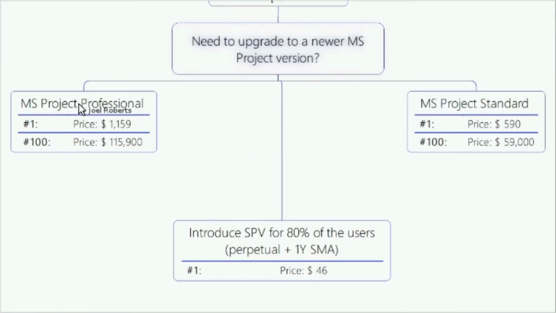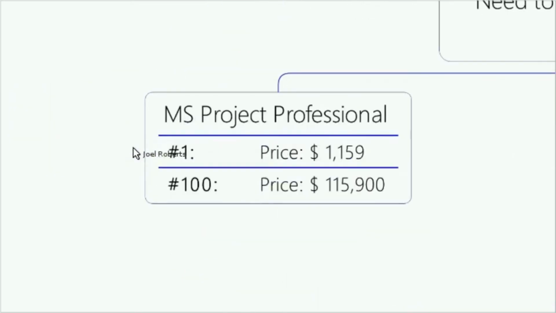If we take Microsoft Project Professional, a single license costs $1,159 US. So for example, if we would need to license 100 users or 100 people, this is the total price that you would need to pay.